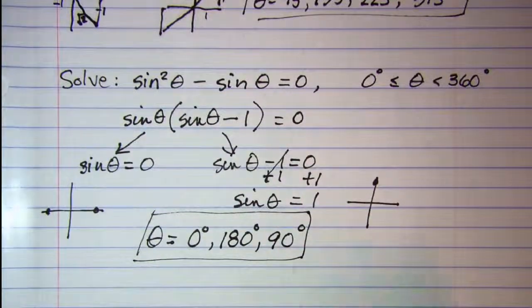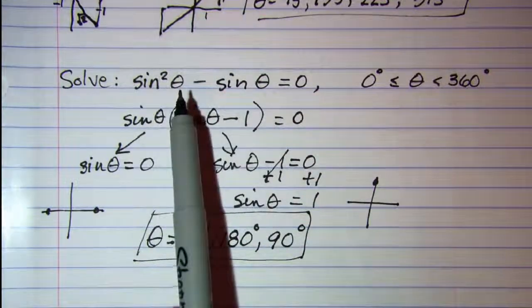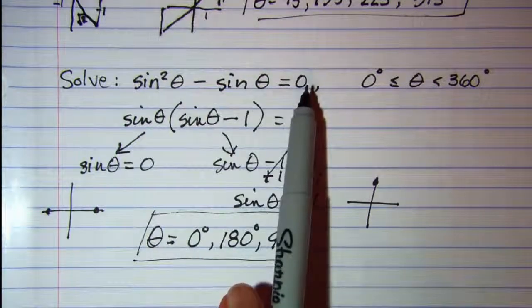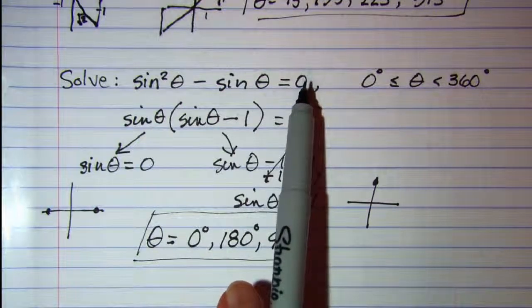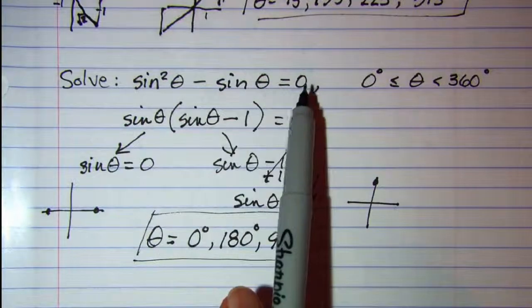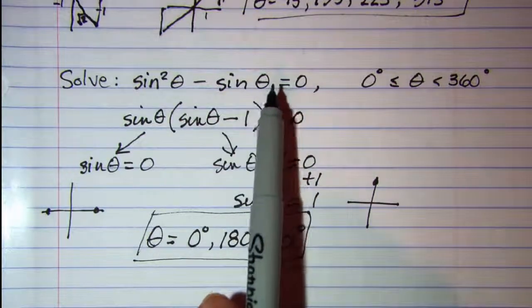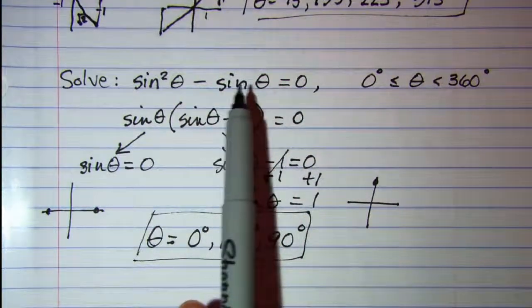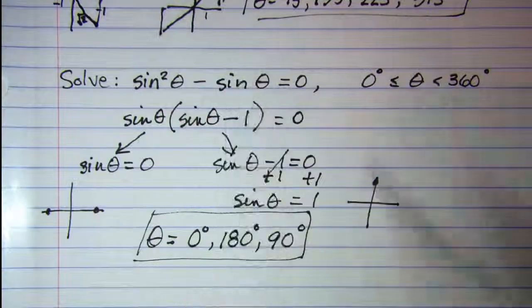Now, let me also point out on this one that I've had students before that move this sine over to the other side and then divided both sides by sine theta, and you can't do that. And the reason is if sine theta is equal to 0, you would be dividing by 0.